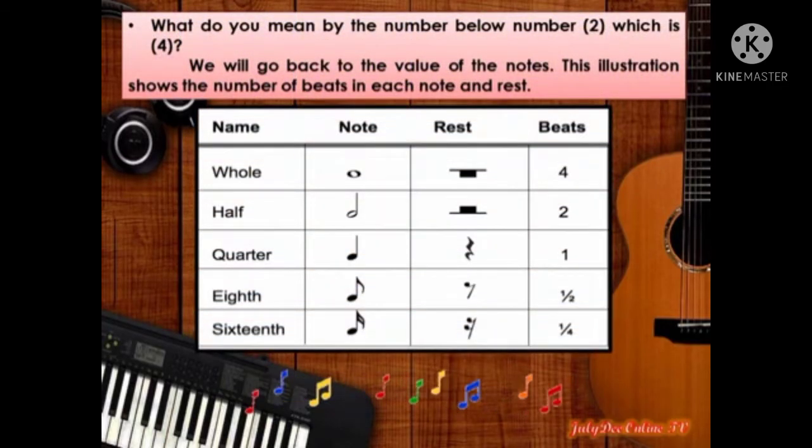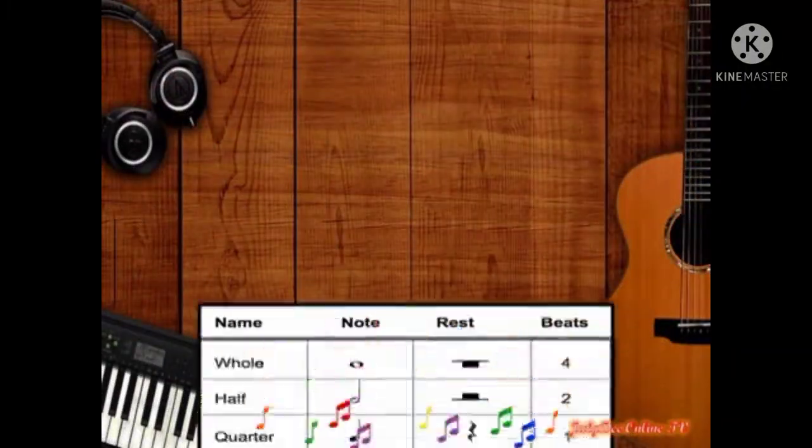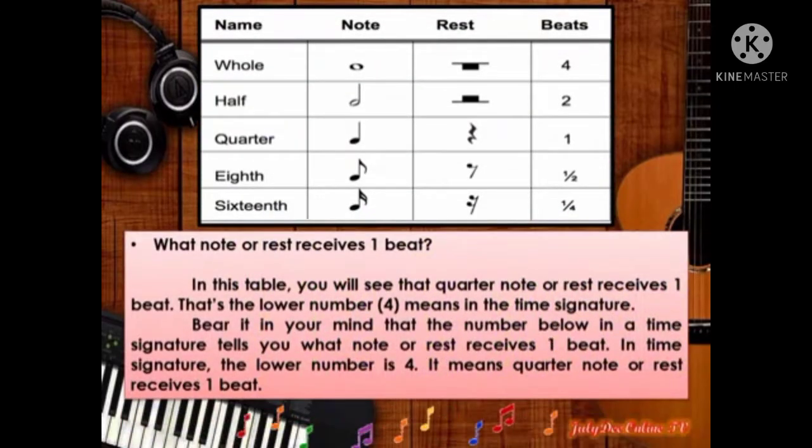What do you mean by the number below number 2, which is 4? We will go back to the value of the notes. This illustration shows the number of beats in each note and rest. What note or rest receives 1 beat?